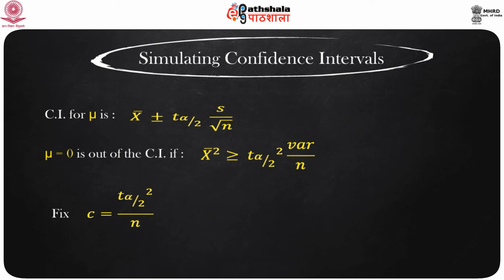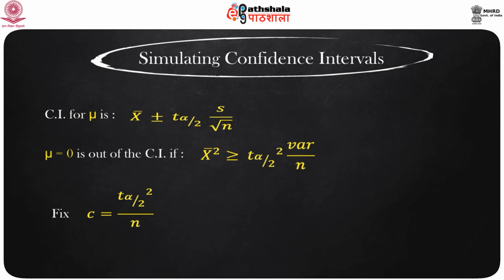Now, since we are dealing only with the case where the parameter mu is out of the interval, we should concentrate on this condition only. The condition we have just stated is x bar square greater than or equal to t alpha by 2 square into variance by n. So, let us think of how to minimize our effort.